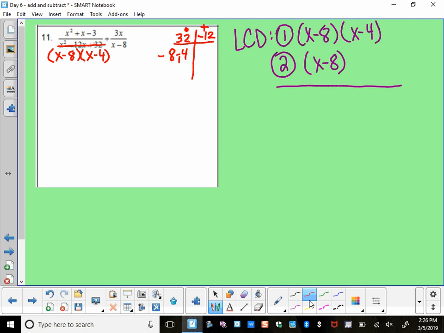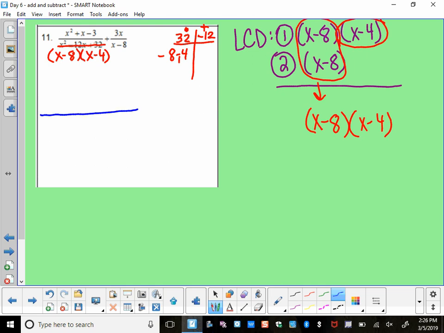Yes. So that comes down as a group. Anything without a partner also comes down. So I'm left with x minus 8, x minus 4.